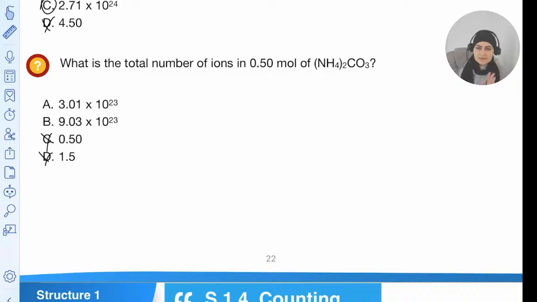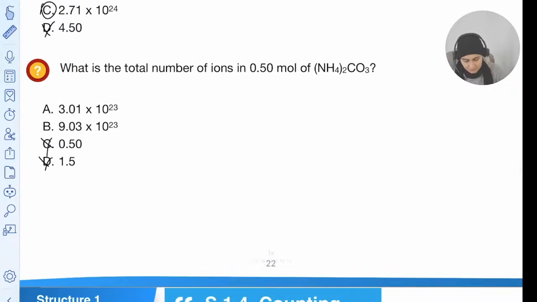This is done in structure 2 bonding. So if you've done structure 2, you would know that NH4 plus is an ion, CO3 2 minus is an ion. So here we have two NH4 plus ions and one CO3 2 minus ion. So in total we have 3 ions in one formula.